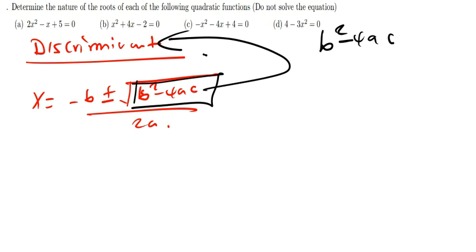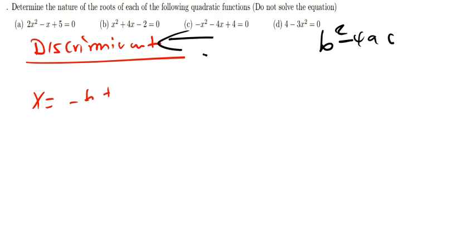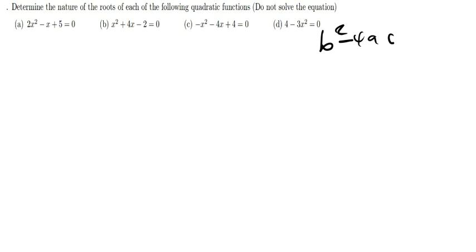Now how can you determine the nature of the roots? This is what I want to show you. We use what we call the discriminant, b squared minus 4ac.